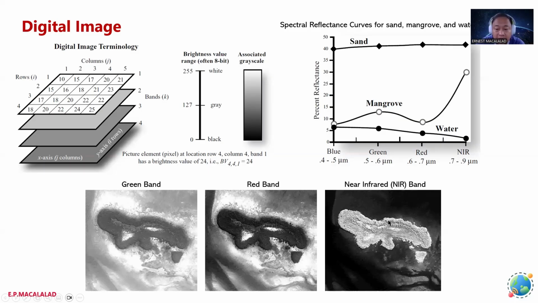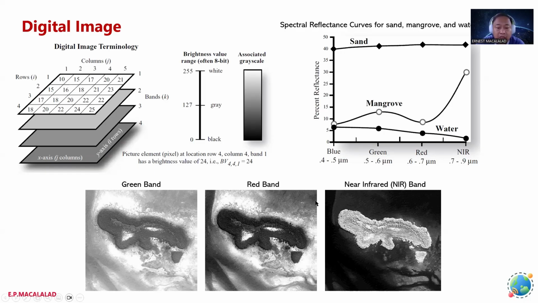Okay, so this area that used to be dark in red and green now shows a brighter area. That means it emits larger, or brighter, near infrared than the surrounding areas.